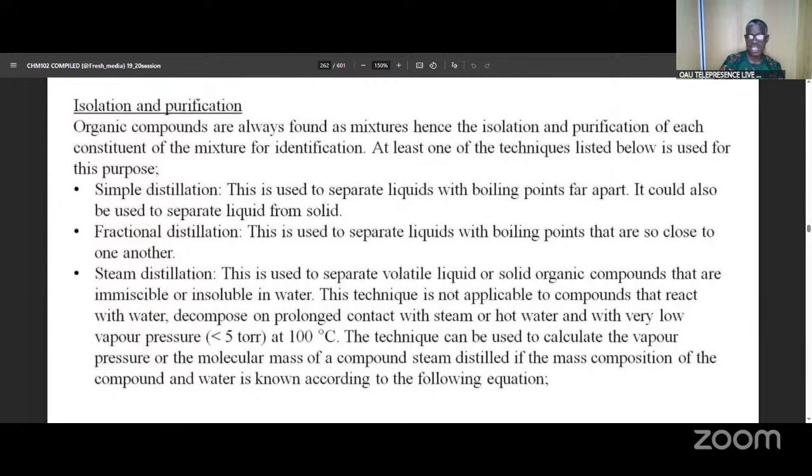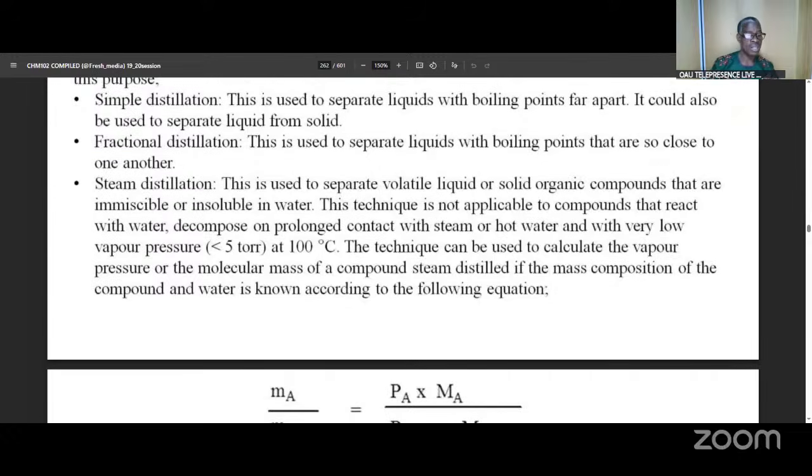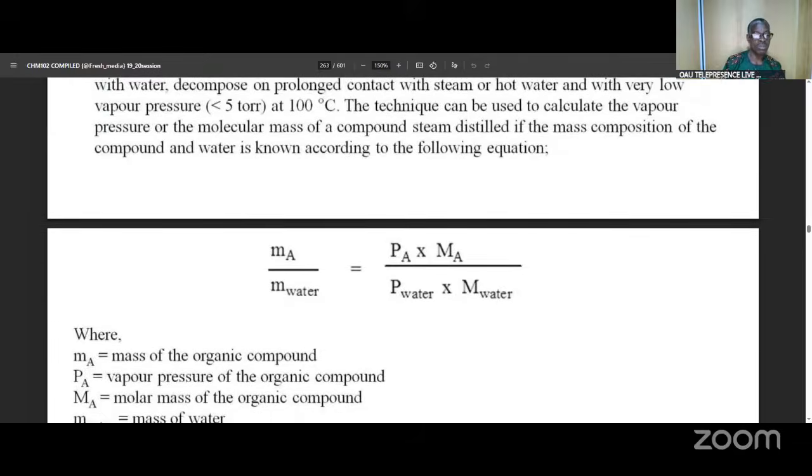And you can also use it to calculate the vapor pressure or the molecular mass of a compound that is steam distilled, if the mass composition of the compound and water is known, according to the equation that we have below.